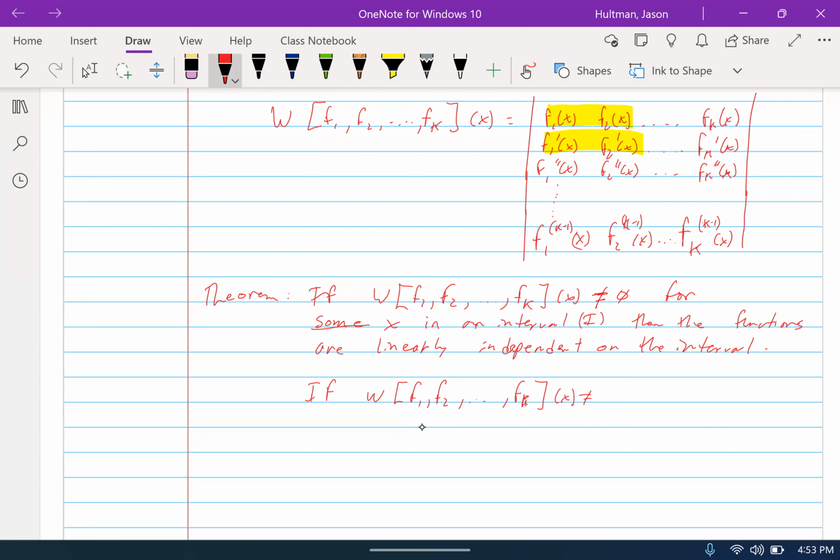It would be really nice if we could say that they're linearly dependent, but we can't say that. We can just say it's inconclusive. It could be or could not be linearly independent.